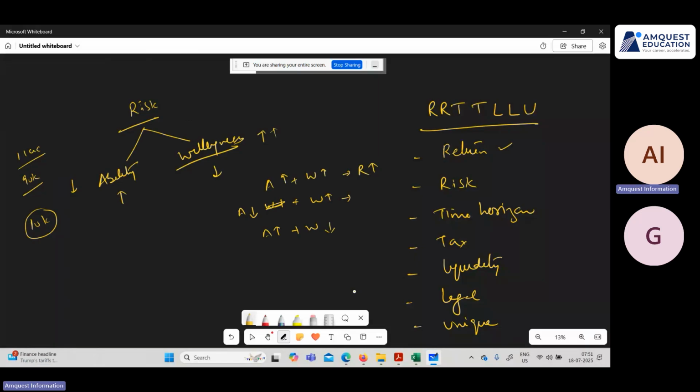And the last one is ability is low and willingness is low, the risk appetite is low. This is clear. Now, in the situation where your willingness is high but your ability is low, the risk appetite is actually low, right? And if your ability is high and your willingness is low, then you can always educate your investor and your risk appetite is actually high.